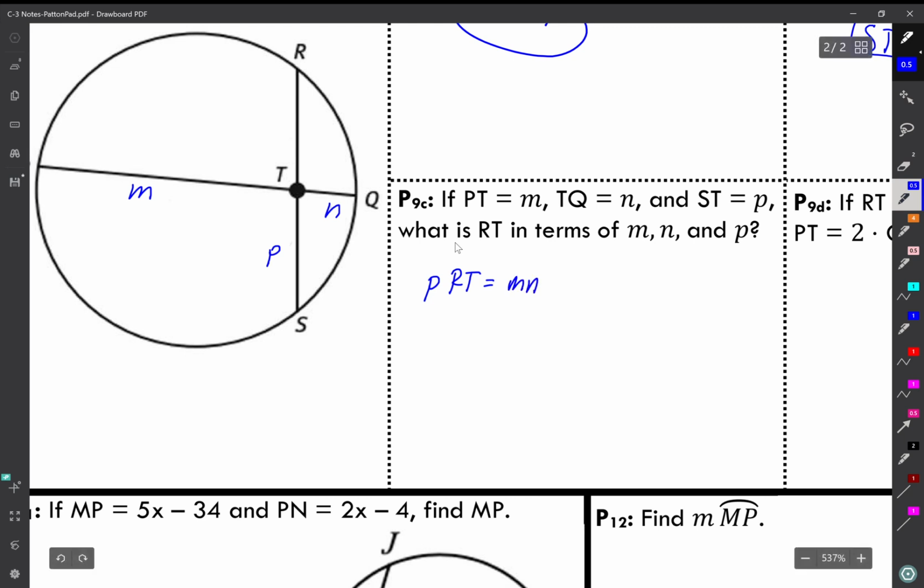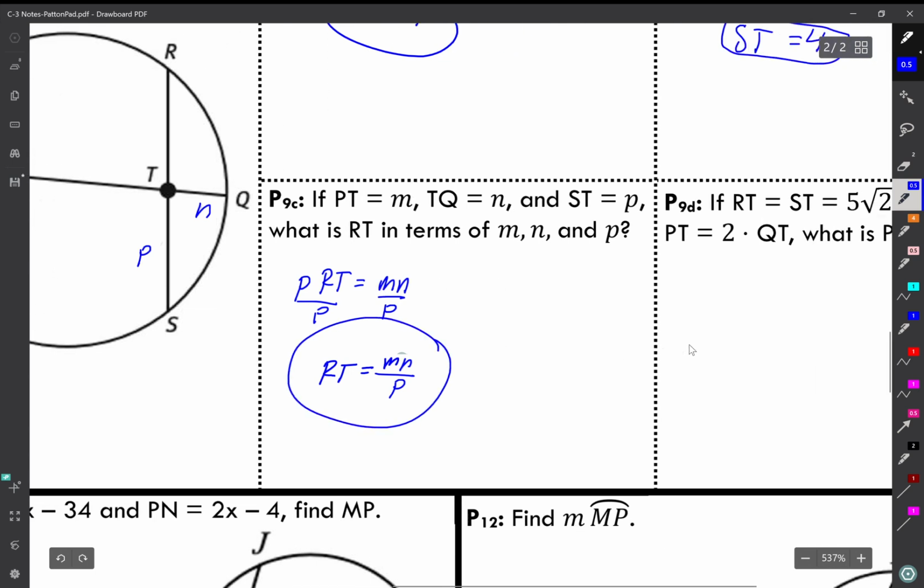Now to get RT by itself, I need to divide both sides by P. I can't really simplify that on the right side, so we just have RT is equal to MN over P. And that's our answer. It's in terms of M, N and P like I wanted.